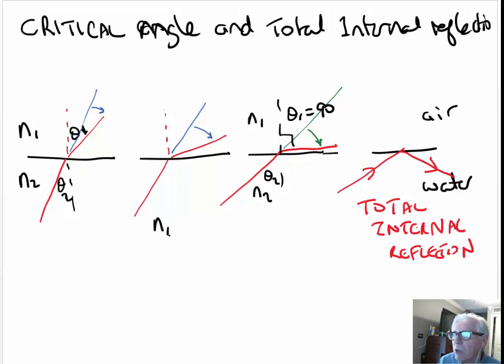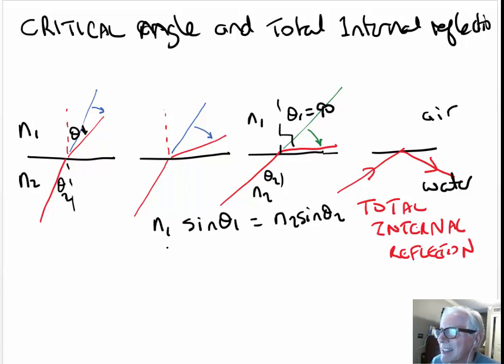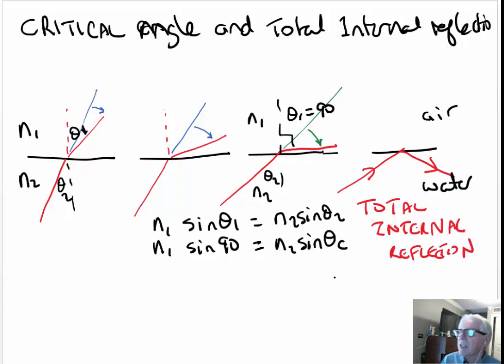So we say, well, n1 sine theta 1 equals n2 sine theta 2. It's just Snell's law. But in this case, it's n1 sine 90 is equal to n2 sine, and we don't call this theta 2, we'll call it the critical angle, theta c. The critical angle is the angle that gives you 90 degrees for the other medium.